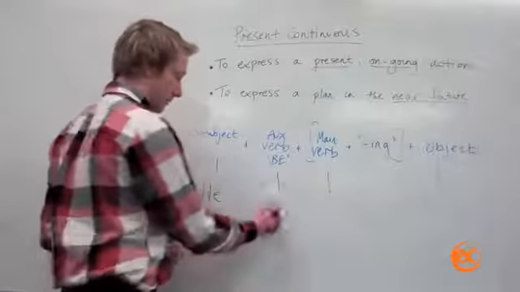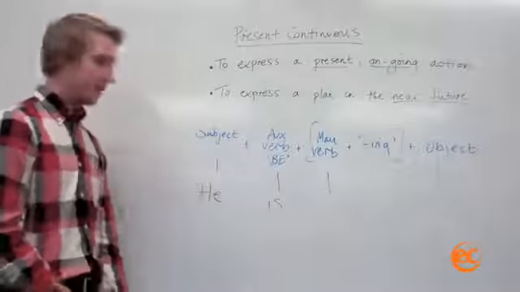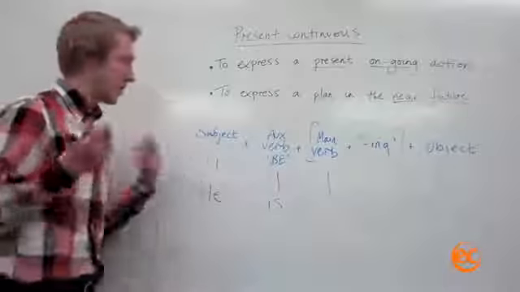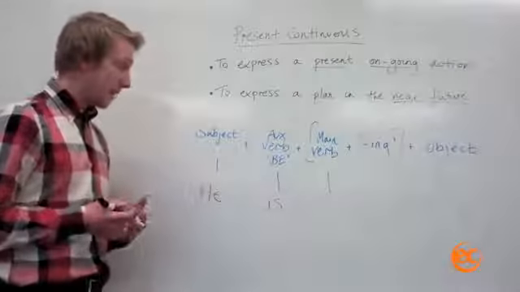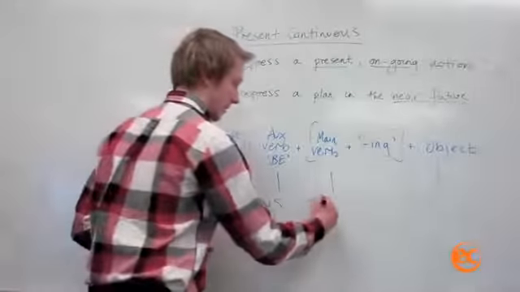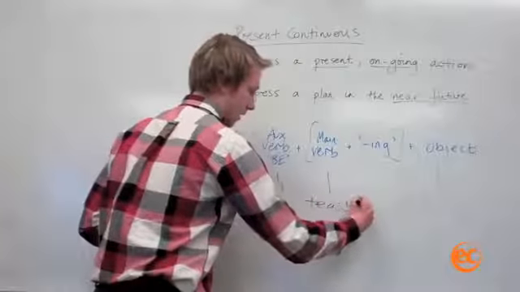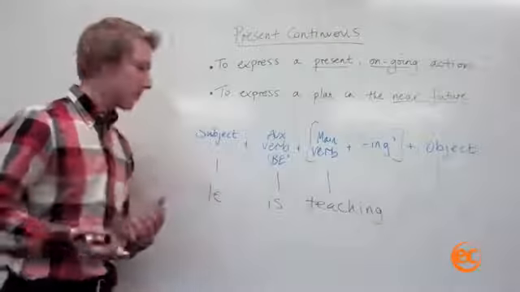We know it is. He is what? What is he? What is he doing right now? Maybe he is like me. Maybe he is teaching. Yeah. Just like I'm doing now.